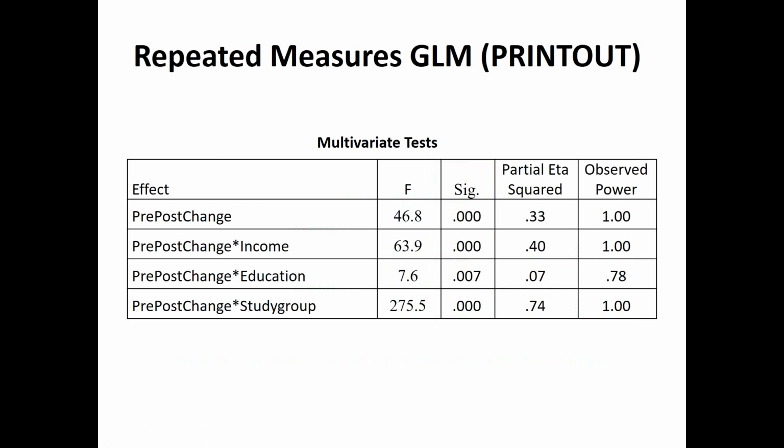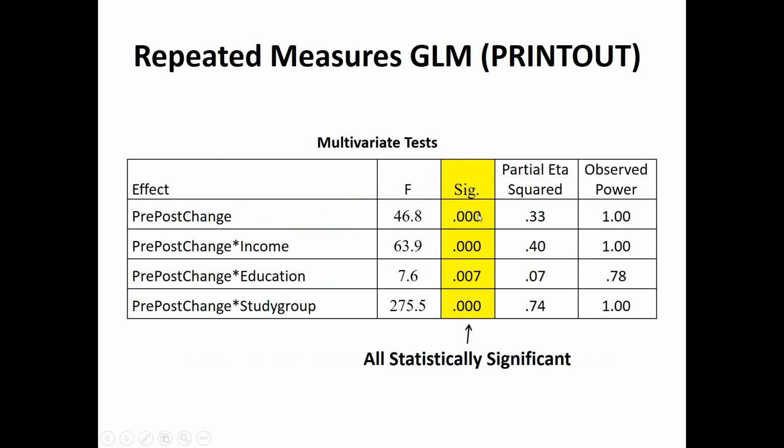Now these are all those busy columns. I've extracted a few to focus upon. First, we see statistical significance. So you can see to the left here, pre-post change, that's the term we named. That's just the changes in pretest to post-test scores. So overall, they're significant.